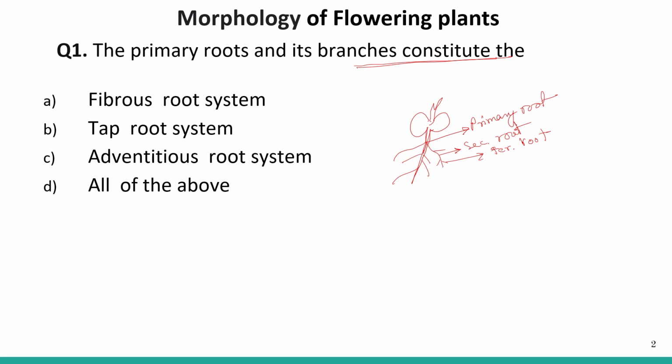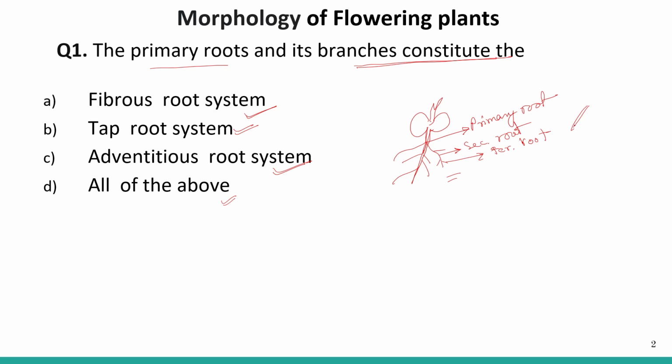Okay. So the primary roots and its branches constitute the fibrous root system, tap root system, adventitious root system, or all of the above. So this is in the case of dicot.